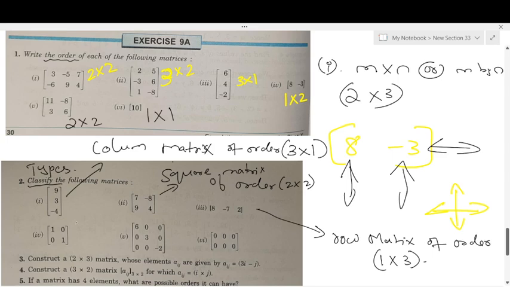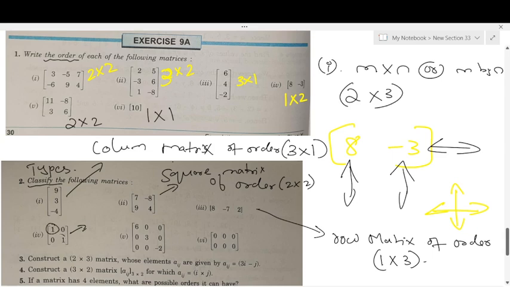Okay, tell me the next one. What kind of matrix is this? Identity or diagonal matrix? Yes, but we give preference for identity, students.